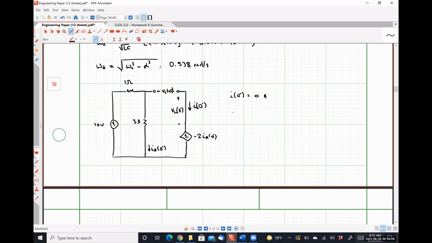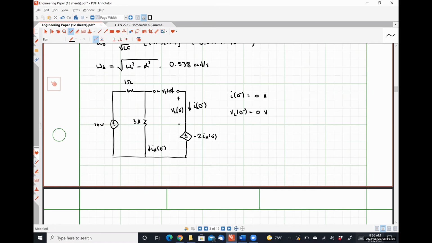Another easy thing to determine is the voltage drop over our inductor at t is equal to 0 minus. So at t is equal to 0 minus, the inductor is represented by a short circuit because we're at DC steady state. By definition, short circuits have a voltage drop of 0 across them.